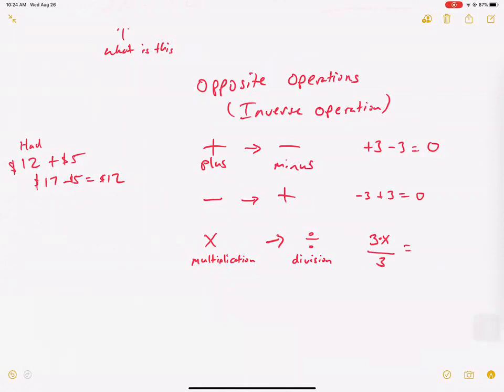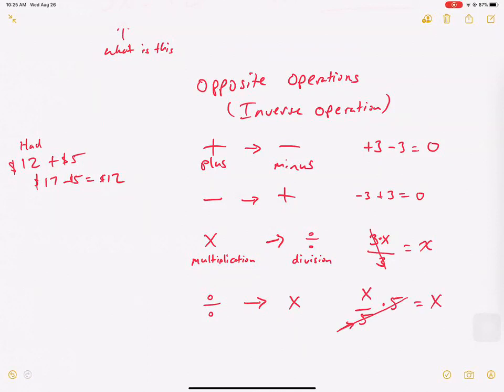And this gives us our original value, x. If I give you division, the opposite operation of division is multiplication. If I wrote x over 5, the opposite of a divide by 5 is a multiply by 5. So if I multiply by 5, we still end up dividing the 5s, leaving me an invisible 1. And instead of writing that 1, we'll just write x, leaving me my original number.